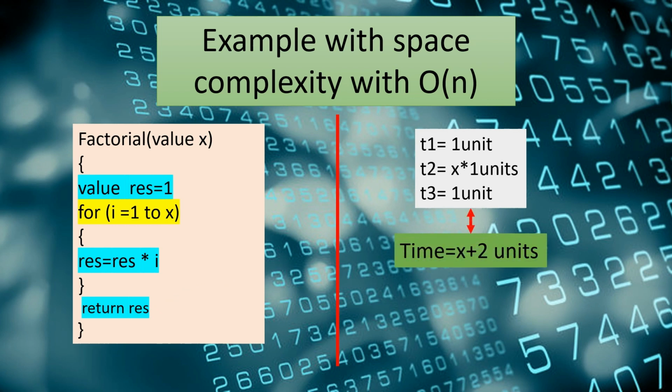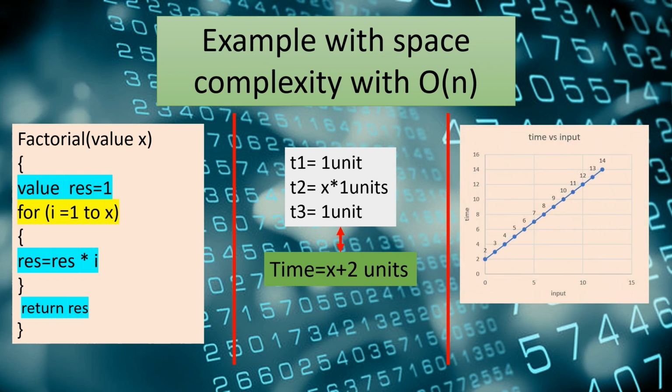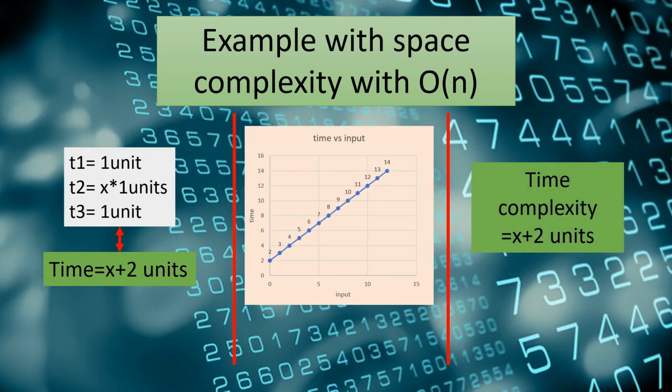Now, the total time required for performing all the operations is equal to x plus 2 unit. Here, we can see that as the x value is increasing, the time required for performing the operations is also increasing. When we plot time versus input graph, we can see that it is a linear line. Therefore, time complexity is equal to x plus 2 units.